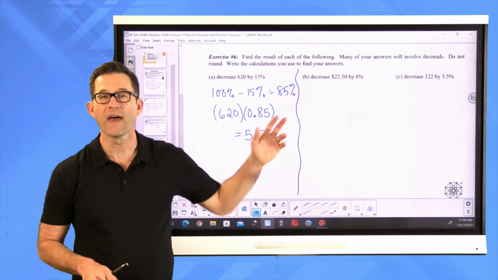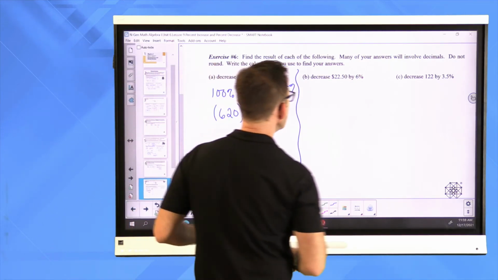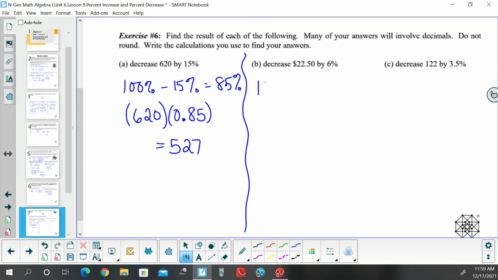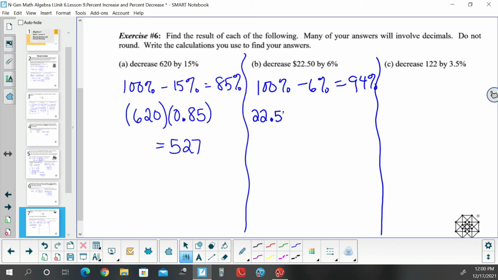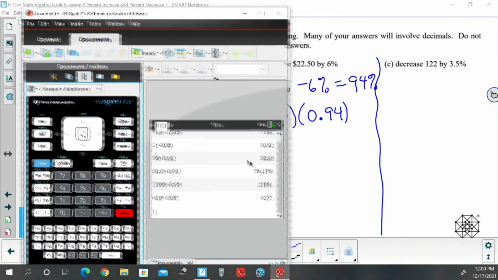All right, I'm decreasing 2250 by 6%. I've got 100% minus 6%, that's 94%. And therefore, I'm going to do 2250 times 0.94. And you could imagine maybe I had something that would cost 2250, but I get 6% off of it.